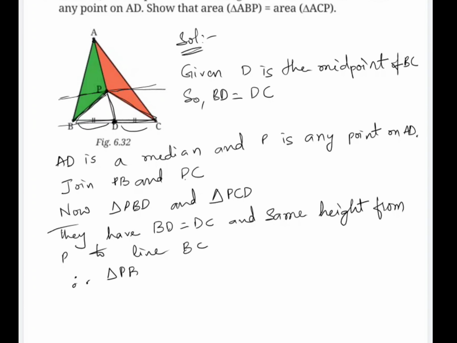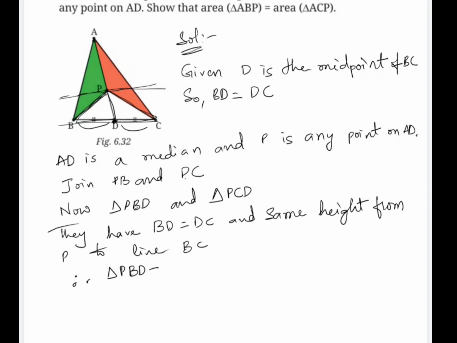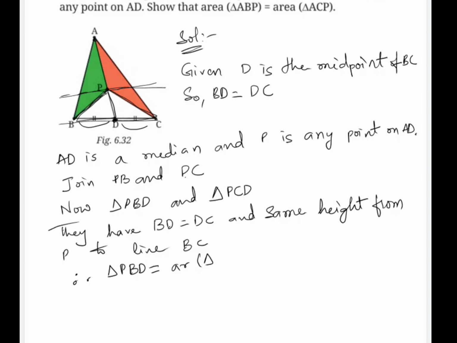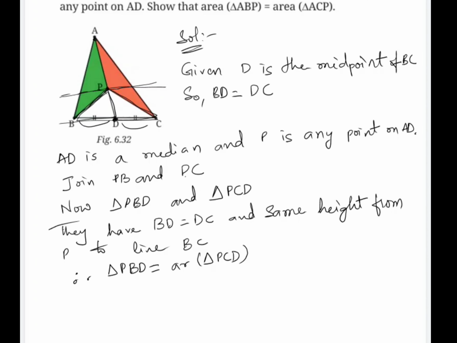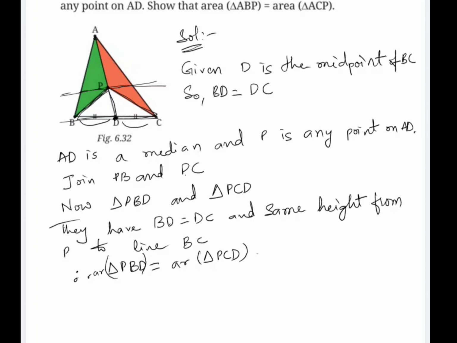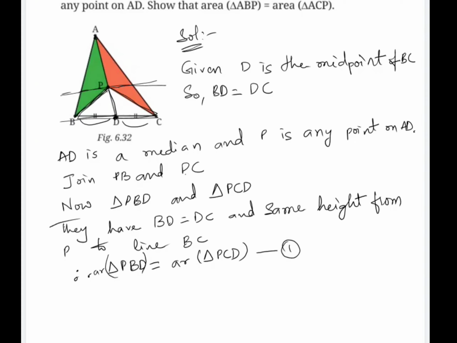So area of triangle PBD will be equal to area of triangle PCD. So this will be our first equation.